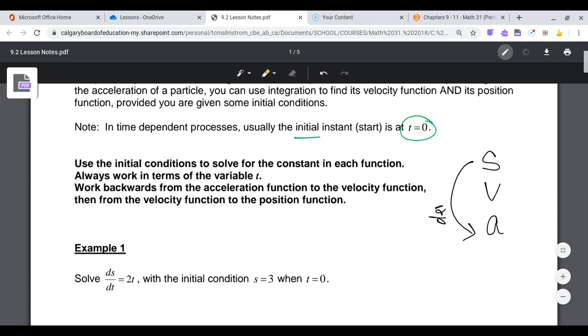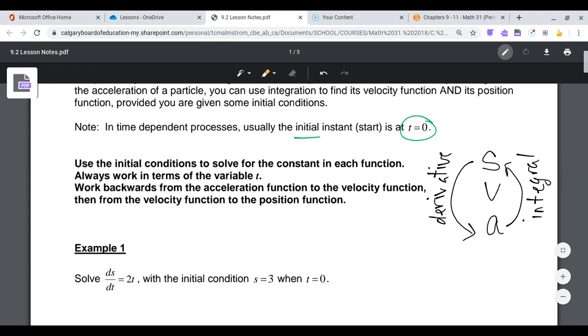And if we're going from acceleration back up to the position function, this is where we're going to integrate, or take the integral, or take the antiderivative. Okay, so we're working in this chapter, obviously, on the antiderivative or integrating.